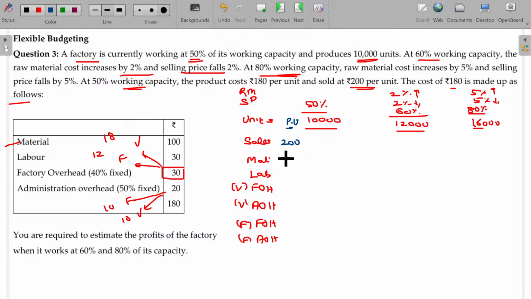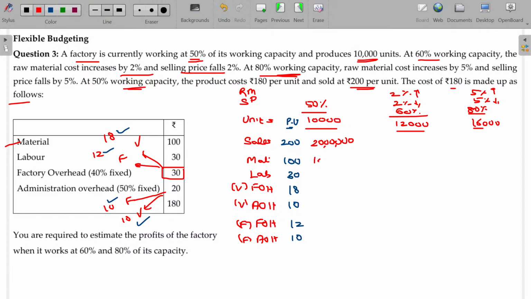Material cost being 100, labor cost being 30, factory overhead variable being 18, admin overhead variable being 10, factory overhead fixed being 12, admin overhead fixed being 10. Then for 10,000 units, 20 lakhs, am I right?